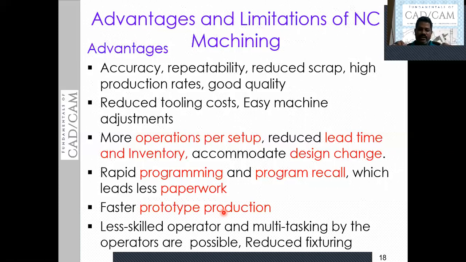Less skilled operators and multitasking operators are possible. So a less skilled operator can operate the machines. Once we feed the program into the machine, a less skilled operator can operate it, because everything will be performed and taken care of by the NC machine. Except the loading and unloading, which take place manually.